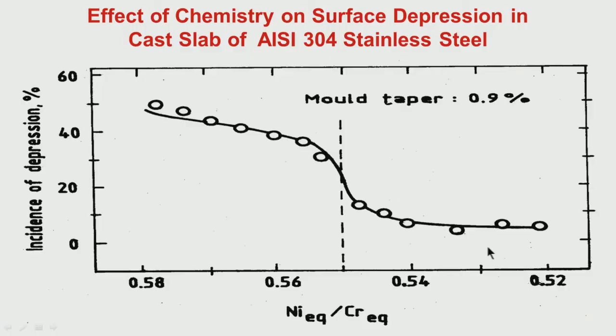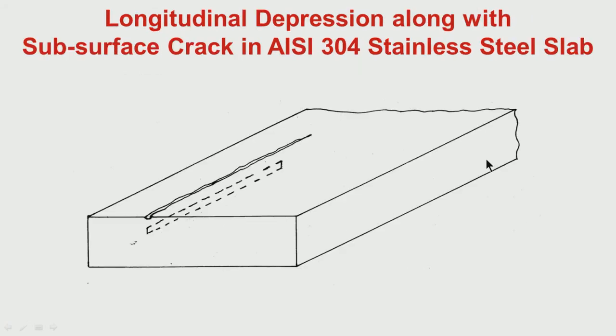For a 304 type of steel, the solution is minor adjustment of chemistry to bring it slightly lower than the peritectic start nickel equivalent to chromium equivalent, so that the delta to gamma transformation does not take place within the solidification range, it takes place lower than the solidification range, and it avoids the so called high temperature brittle temperature zone between LIT and ZDT. So this is the technique which can be utilized.